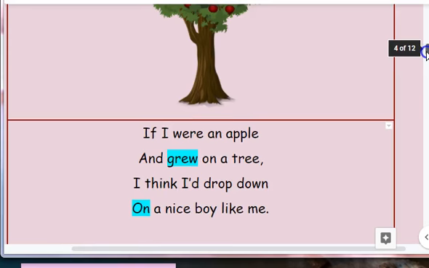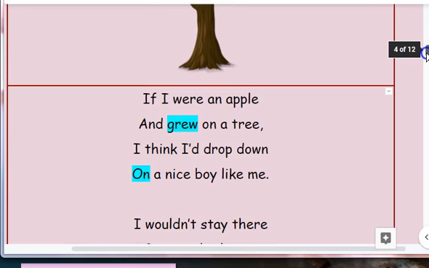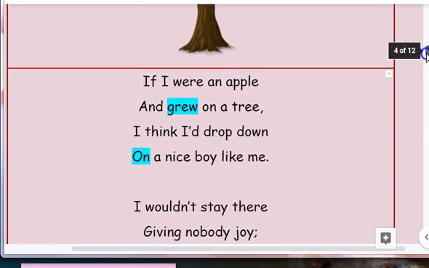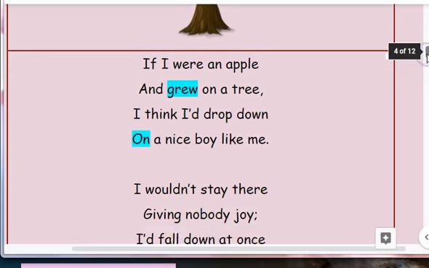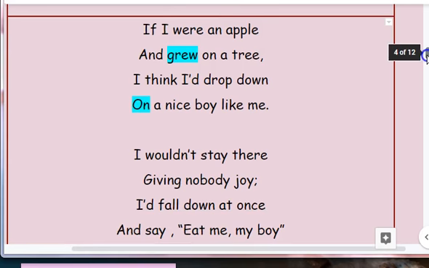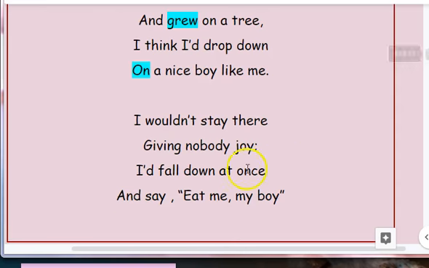Okay, so in the story, why did the boy imagine himself as an apple? What does he want to do? He wants to give everybody joy. Right, very good. So how can he give everyone joy?